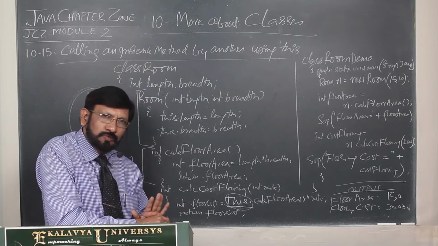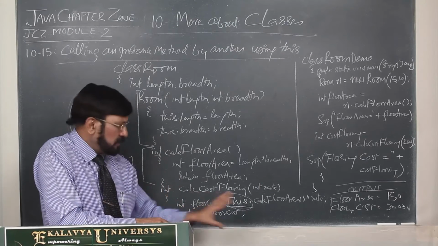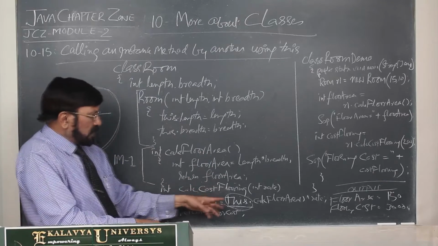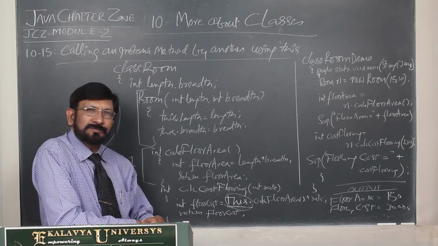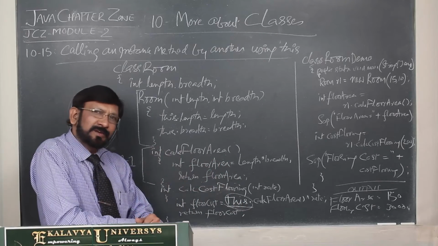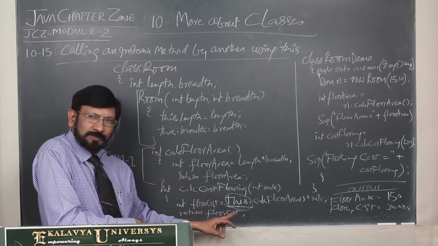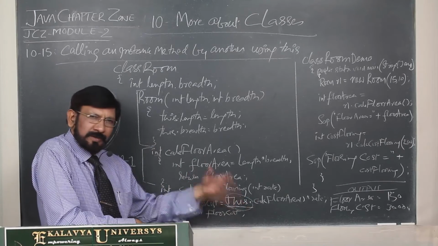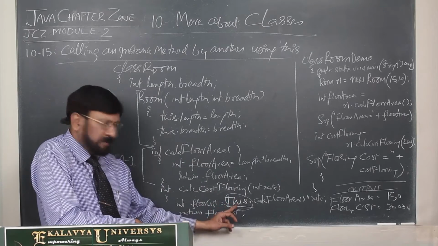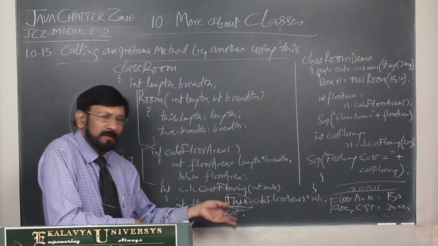However, whether you use it or not in your programming, you must learn it. Otherwise, if you don't learn this, there is confusion. Suppose some others use this, then you are unnecessarily confused. That's why I am introducing it. This is optional, whether you use it or not. If you want to write code formally, then use this. Otherwise, you don't use that.